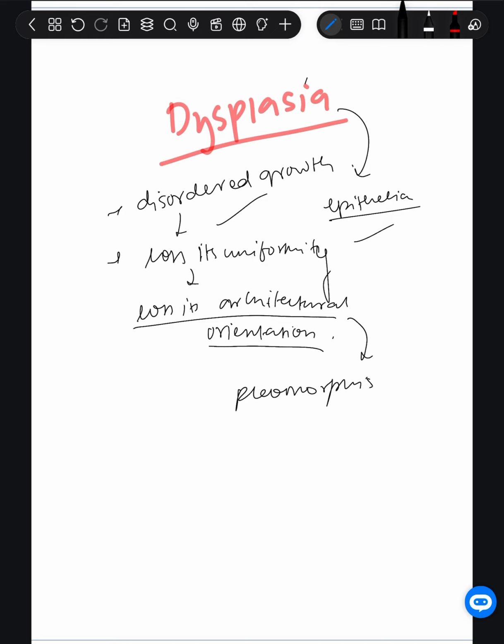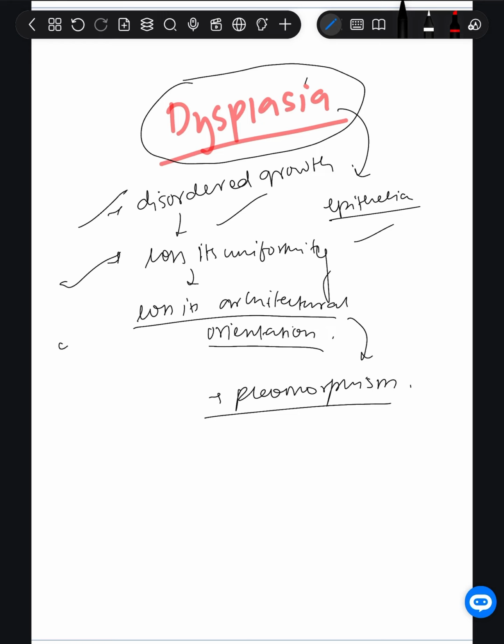So this shows pleomorphism, where we are seeing different types of growth, different types of stuff. That is what is meant by dysplasia. Basically, it is disordered growth, loses uniformity, loses its architectural orientation, and it's very pleomorphic.